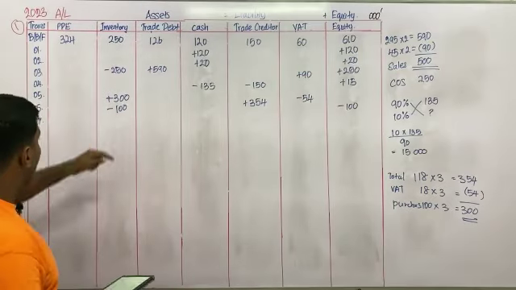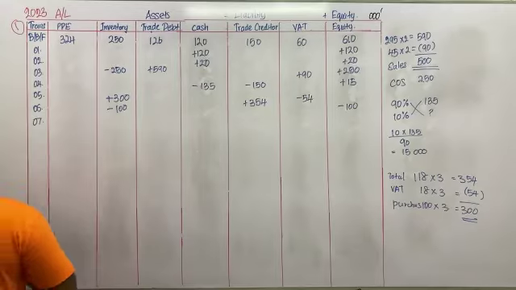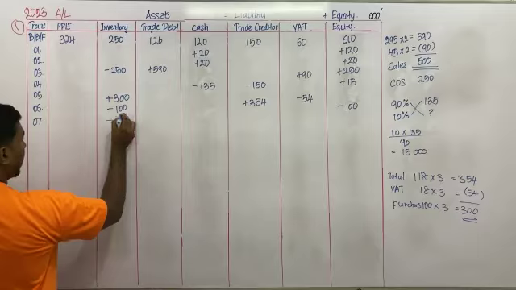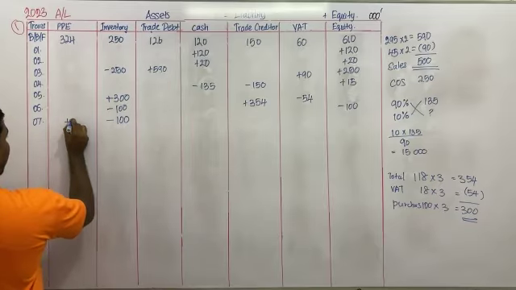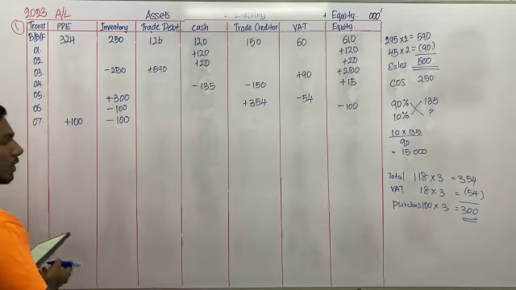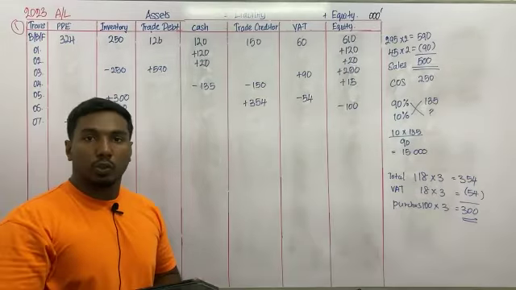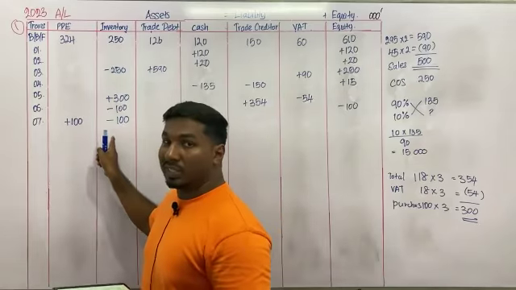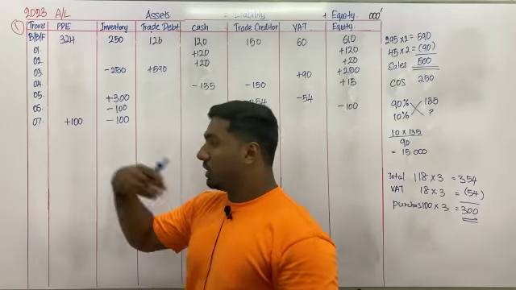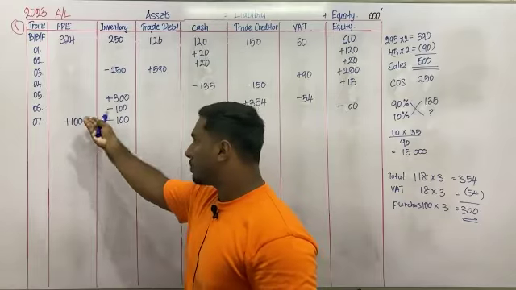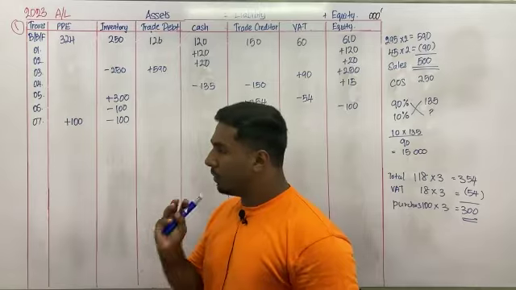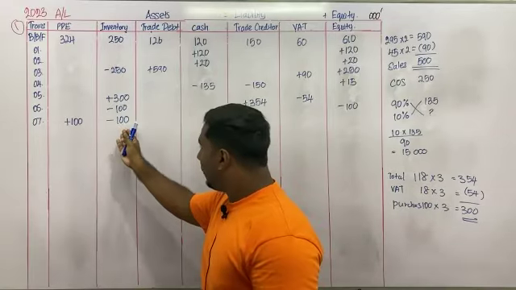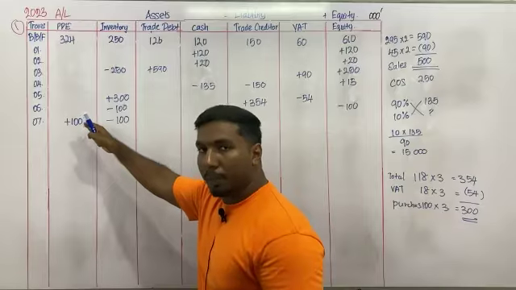Earlier it was inventory because we bought that computer for selling. Now this computer is considered property, plant and equipment because we are using it for office work. So the purpose changed, so the inventory is converted into property, plant and equipment.